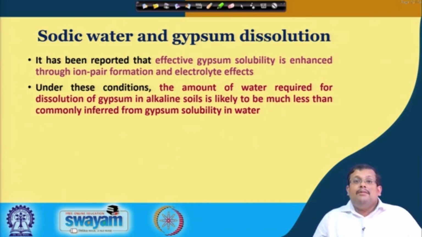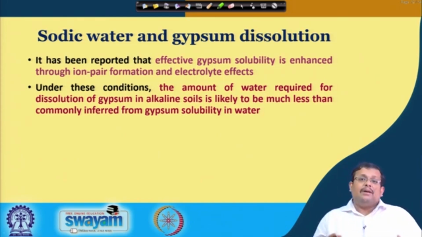Again, the effective gypsum solubility is enhanced through ion pair formation. What is an ion pair? We will discuss that, and the electrolyte effects. In these conditions, the amount of water generally required for dissolution of gypsum in alkaline soil will be much less than what we commonly see for gypsum solubility in water.